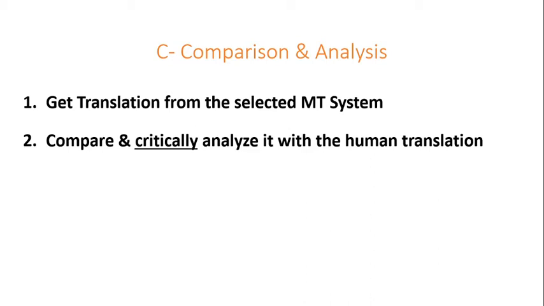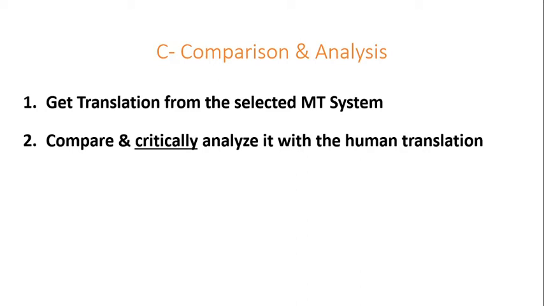C is the comparison and analysis. Of course, after doing all that, you will come to this very important phase of your project, where you get the translation from the selected MT system. You have already selected the original text. You have, of course, selected that text which is already translated, and in the introduction you have given all this background information.